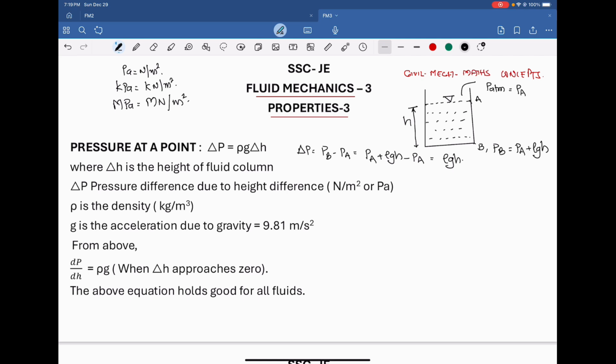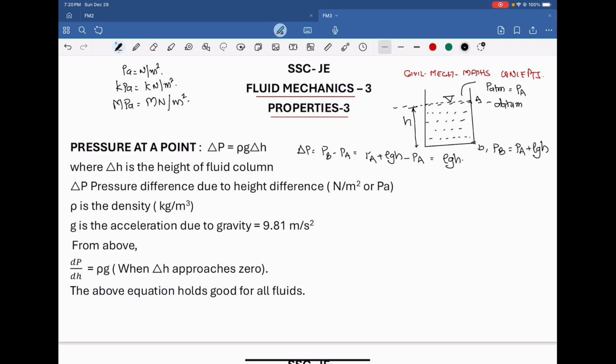This h is with reference to some datum. Please remember, you can take this as the datum. A reference can be anything. It can be earth or it can be sky. When the datum is taken, let us say from the datum, we take this for convenience because P atmosphere is there.